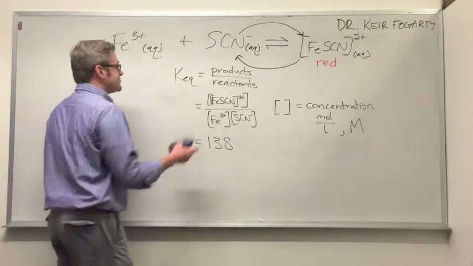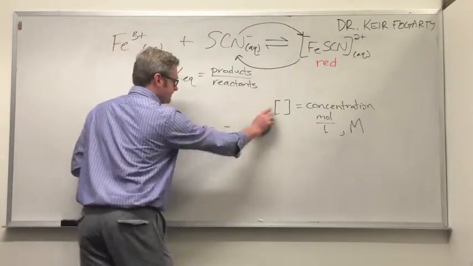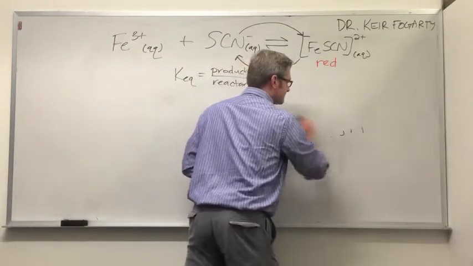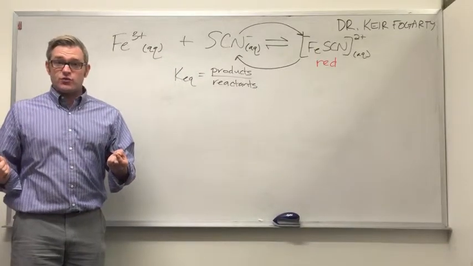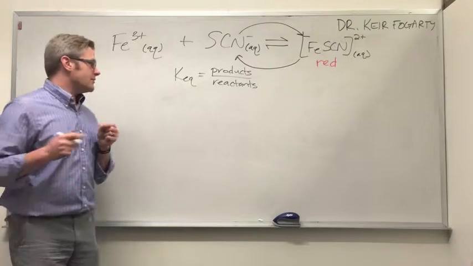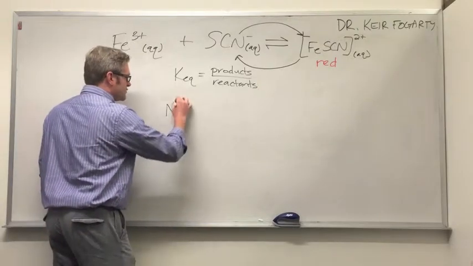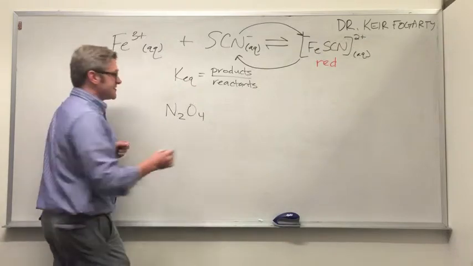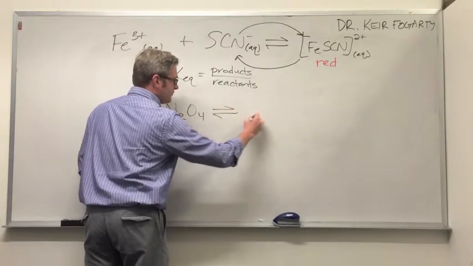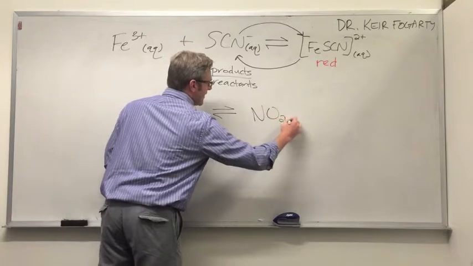Let's look at a gaseous system. An example of a gaseous reaction that has an equilibrium is the dissociation of dinitrogen tetroxide to form nitrogen dioxide.